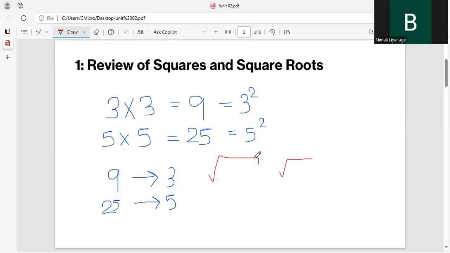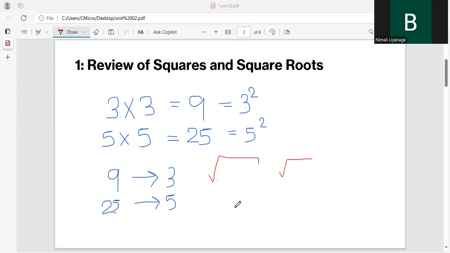I use this because I can differentiate when I am writing a long number. I can separate a long number and another number, depending on your requirement. So basically, the symbol of square root is this.